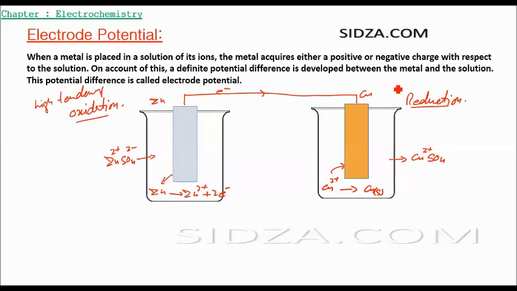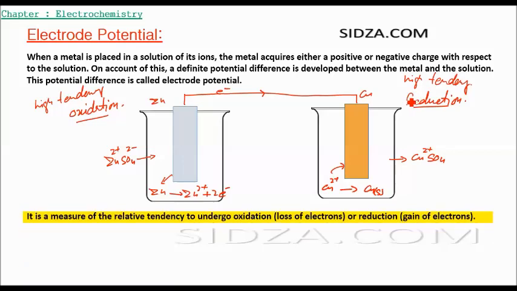This is a spontaneous process. As soon as you connect the two electrodes, zinc starts losing electrons and copper gains, because zinc has a high tendency to lose electrons and copper a high tendency to gain them.